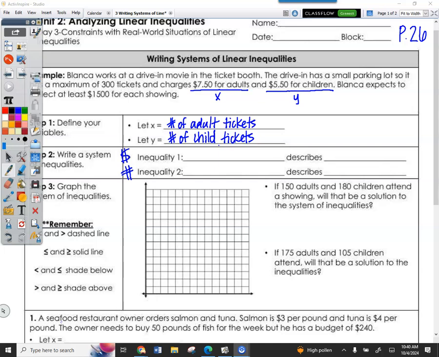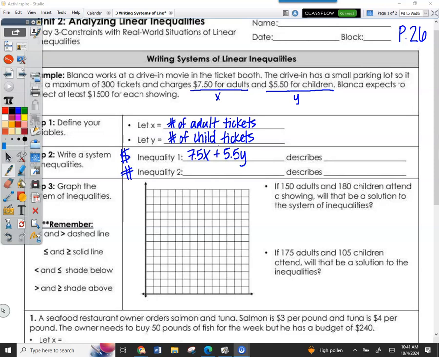All right, tell me what to write to represent each adult ticket. 7.50. And do I really have to write the zero here? Not really. X, okay, 5.5, very good. All right. And then now you need to go to your word problem and figure out what is the other money value, the other money number, and what kind of inequality sign are we working with here?